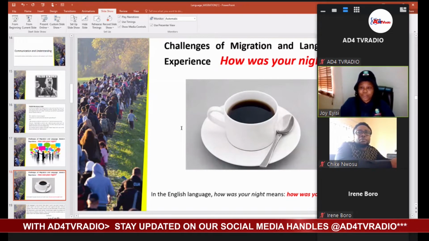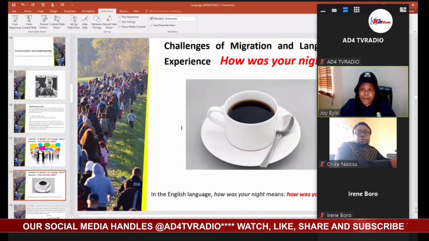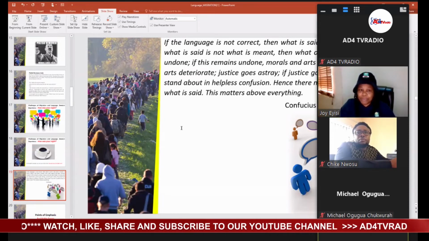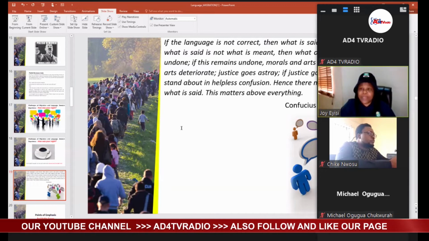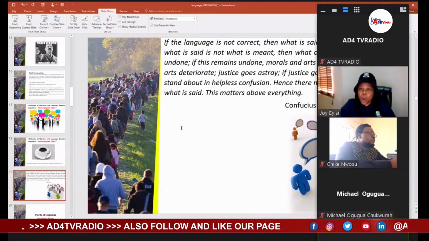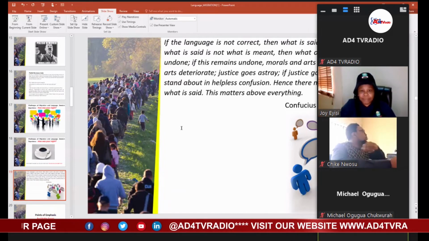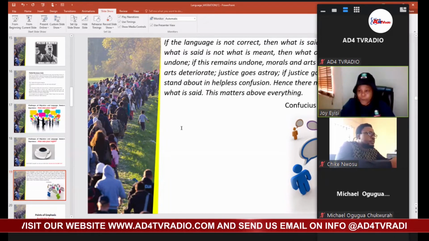Let us see the words of Confucius. He said, if the language is not correct, then what is said is not what is meant. If what is said is not what is meant, then what ought to be done remains undone. If this remains undone, morals and art deteriorate.